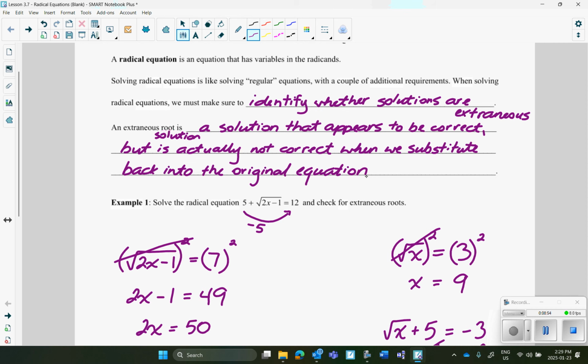And we've already discussed that by going through that example. Okay. So isolate the square root, square both sides, solve what's left, check your solutions.